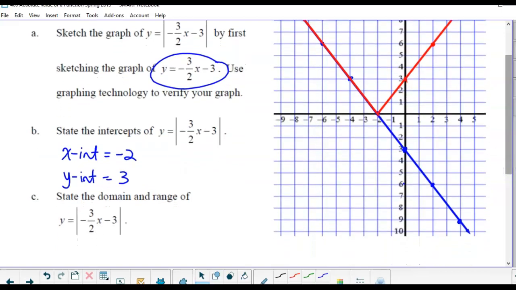Domain and range for a linear absolute value that is oblique, okay, so not vertical or horizontal, then the domain is always going to be all real numbers, okay, because it's going to have the same domain as the line.